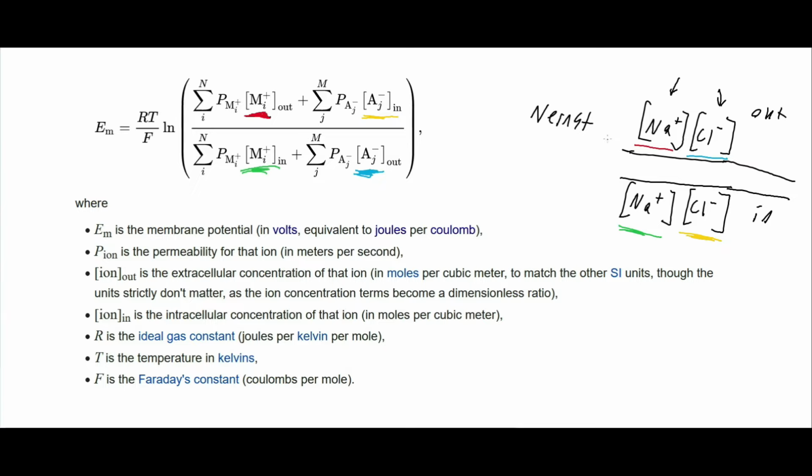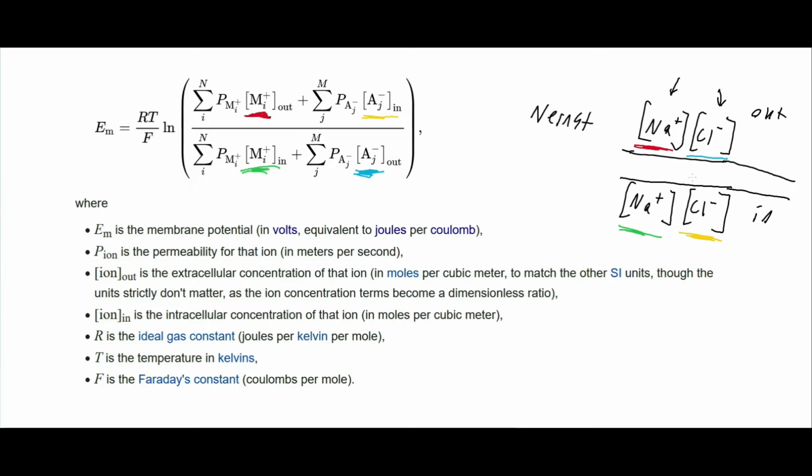And so if we say had more positive ions on the outside here, that would be the same as having more negative ions on the inside here. Either way, there would be a difference of positive and negative between the outside and inside.